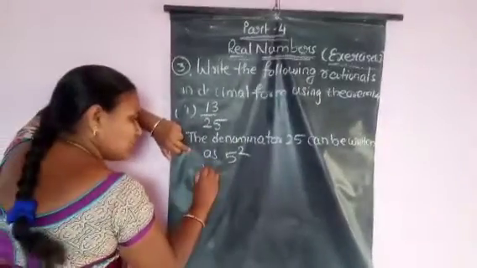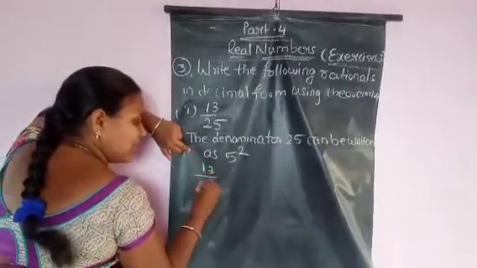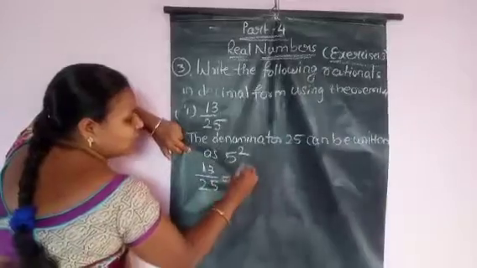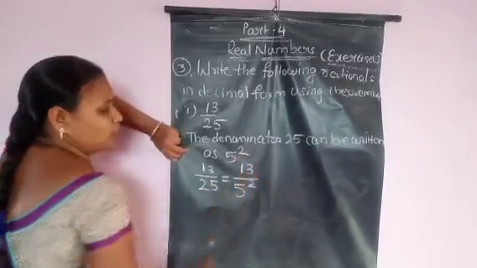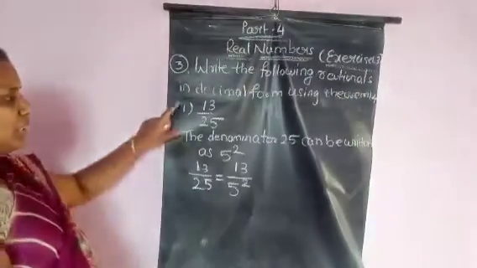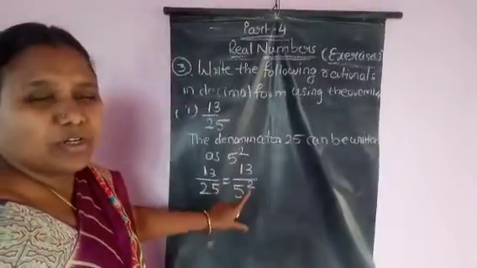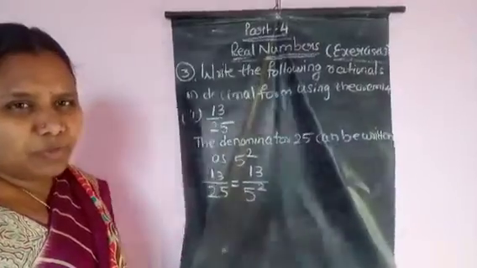So 13 by 25 is equal to 13 by 5 to the power of 2.